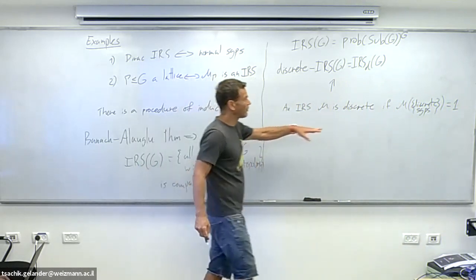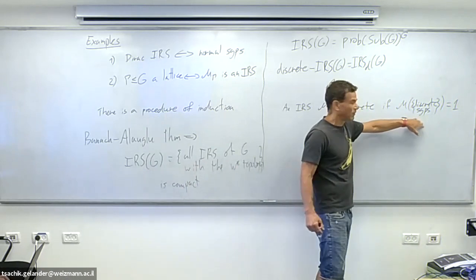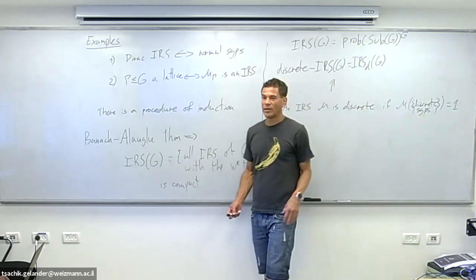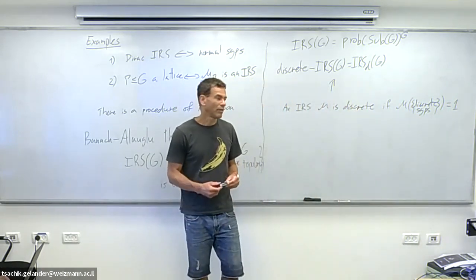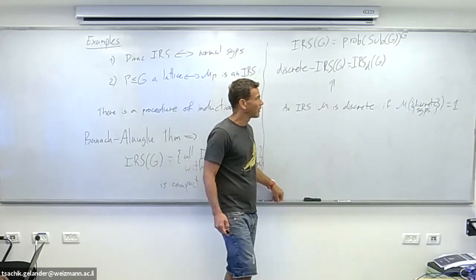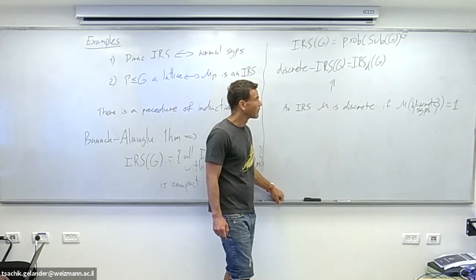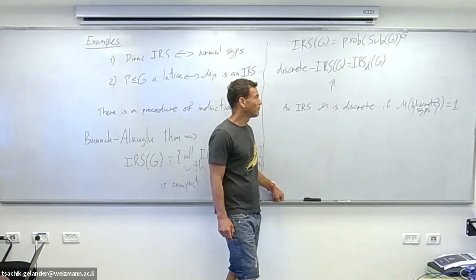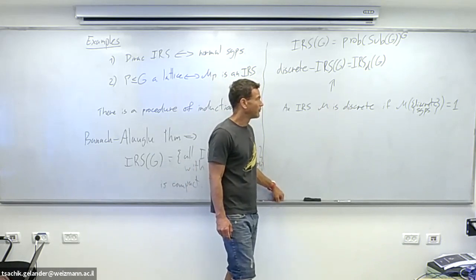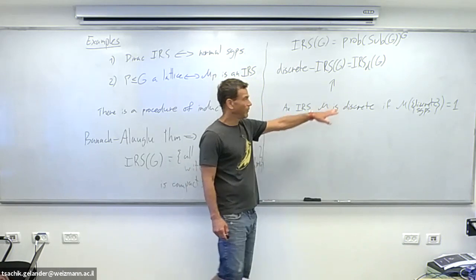The space of discrete subgroups is not always open, but it is always measurable, so that's meaningful.